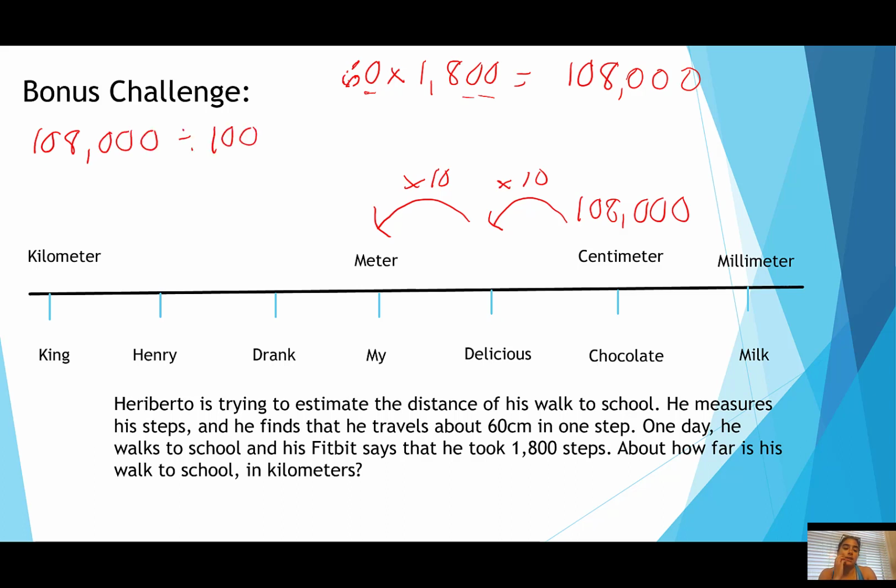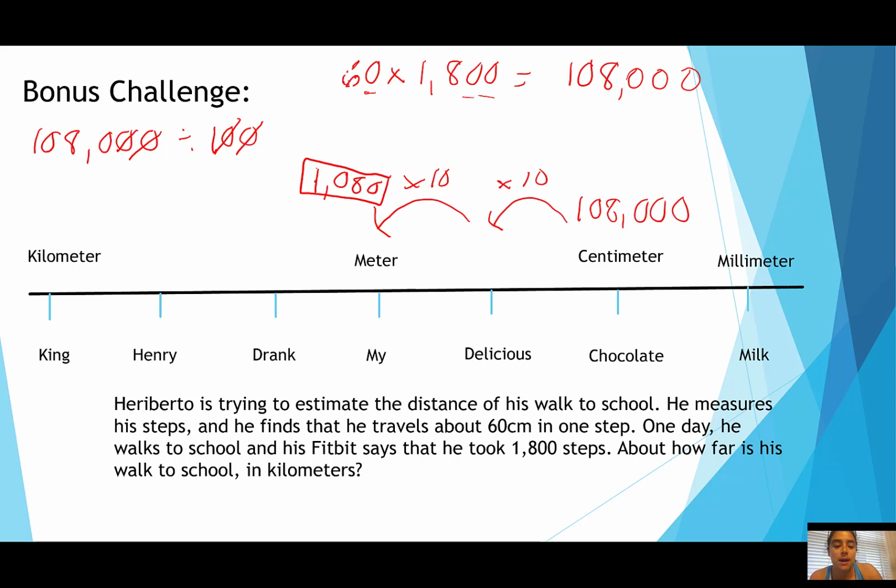Well, this is pretty easy. I could eliminate 2 zeros, and I see how many meters I have, which at this point would be 1,080 meters. Okay, so now I'm at meters. Now I need to get about how many kilometers is that.